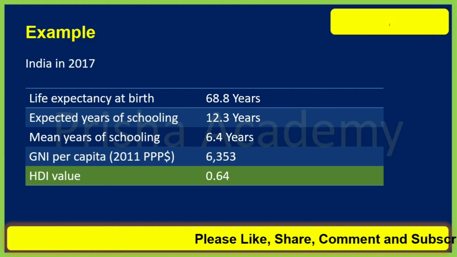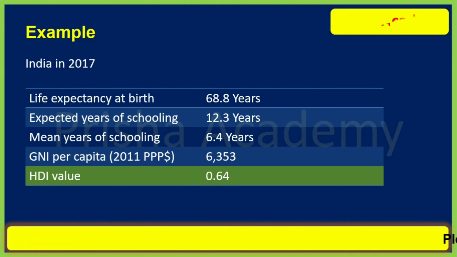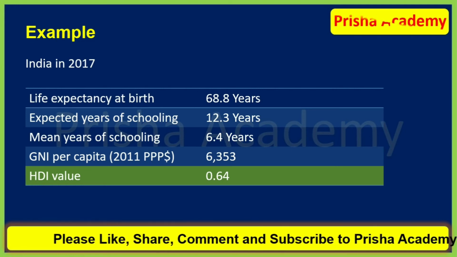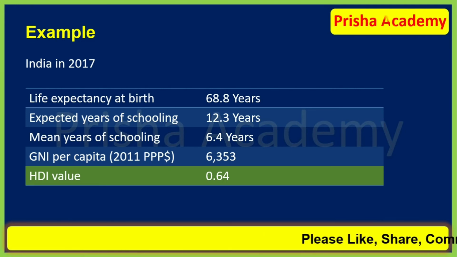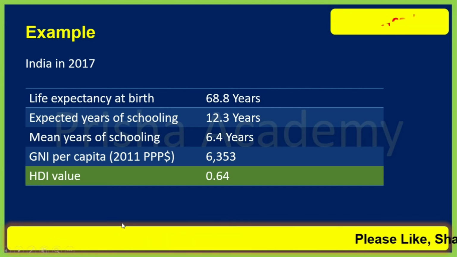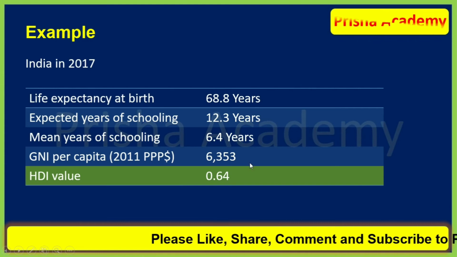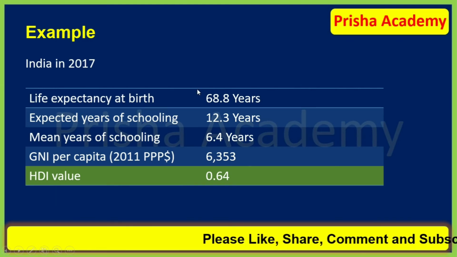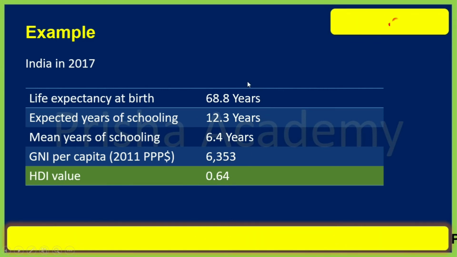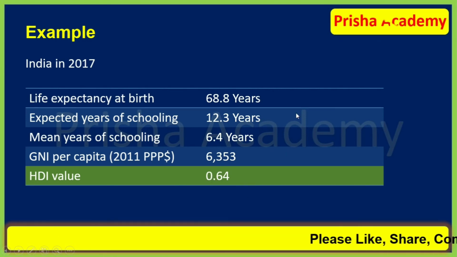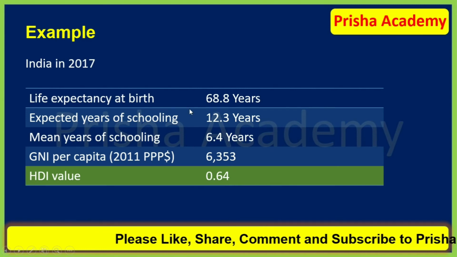Expected years of schooling was 12.3 years. Mean years of schooling was 6.4 years, and per capita income in purchasing power parity was 6,353 USD, and the HDI that UNDP published was 0.64. So in this example, with these figures, we will try to find out how this 0.64 is arrived at.